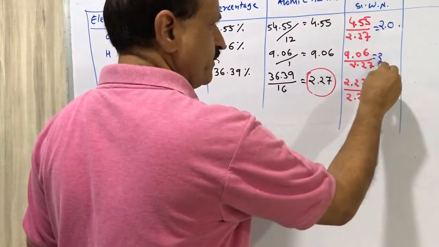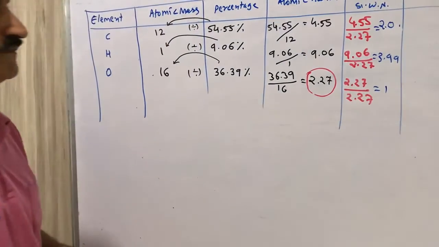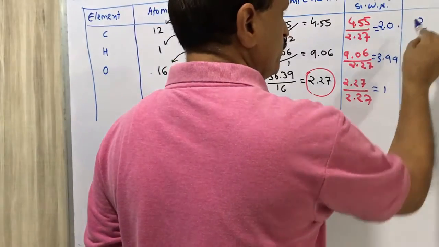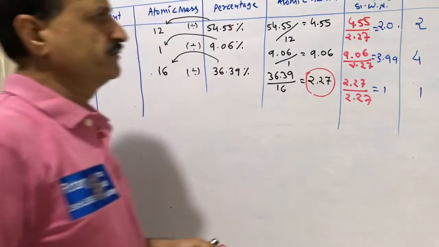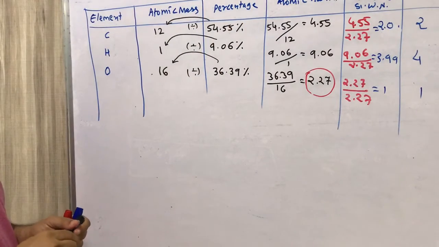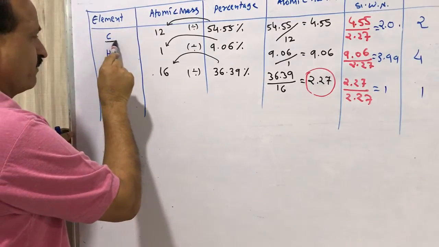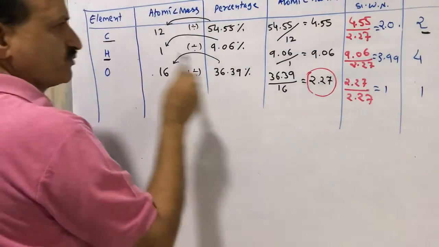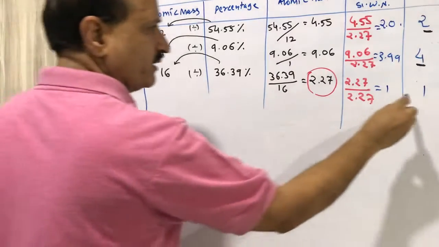Here is the 3.99 and here is the 1. Clear? So simple whole number will be what? It is 2, it is 4 and it is 1. So now it is clear that in the empirical formula carbon is 2, hydrogen is 4 and oxygen is 1.